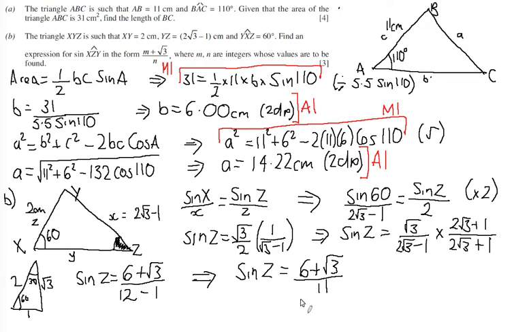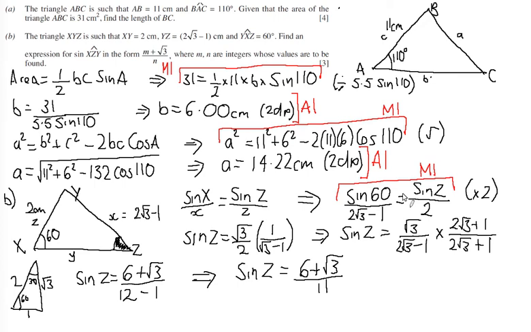Okay, so let's have a look to see how we get the marks here. Initially we get our first method mark for using the sine rule correctly. So again, as I always say, making sure that you've shown the substitution into that sine rule.